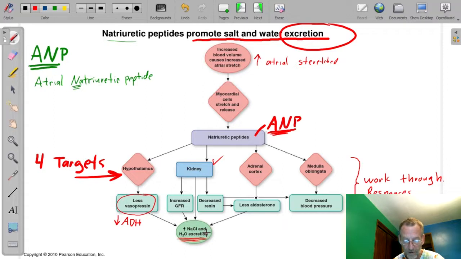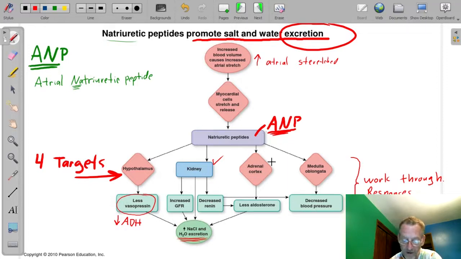We just filter more and it passes through into the bladder. The kidneys can also affect sodium reabsorption, and under the influence of ANP they would absorb less, so that more sodium would be excreted in the urine. The decreased renin leads to lower blood pressure.